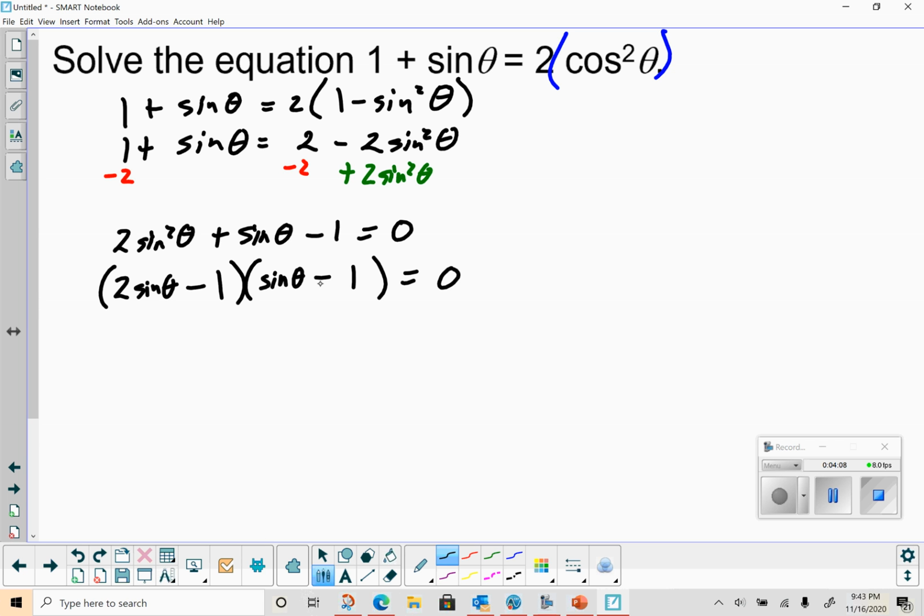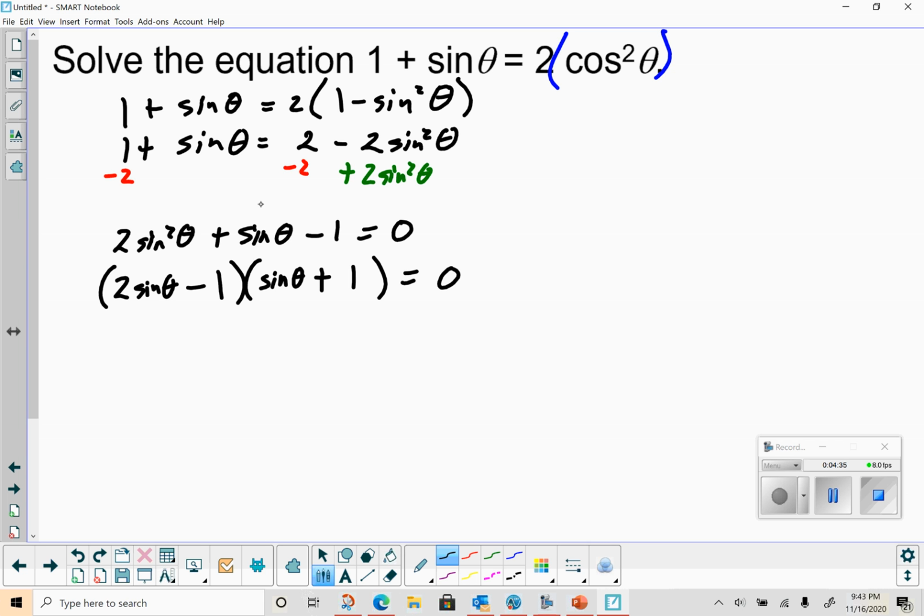Now, here's a little tip. You don't have to erase the subtraction sign to turn it into an addition sign. You'd be surprised how many times I've seen people do that. So again, my outside product gives me plus 2 sine theta. The inside product minus 1 sine theta, giving me my middle term here.